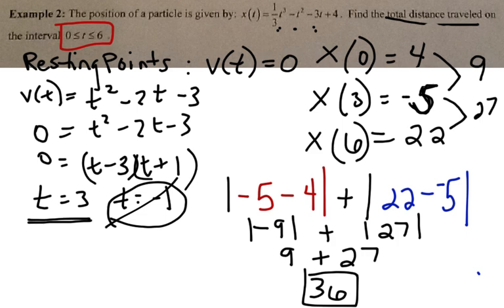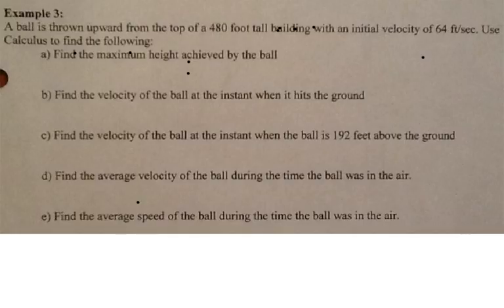Alright, our final example. A ball is thrown upward from the top of a 480-foot tall building with an initial velocity of 64 feet per second. Use calculus to find the following, and then we have A, B, C, D, E, many things to find. We are going to use a calculator on this example because a lot of the answers come out to be irrational.